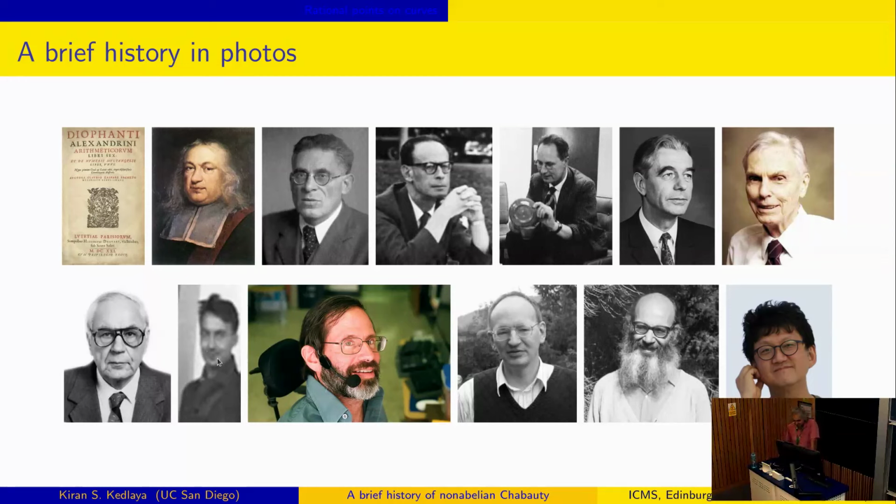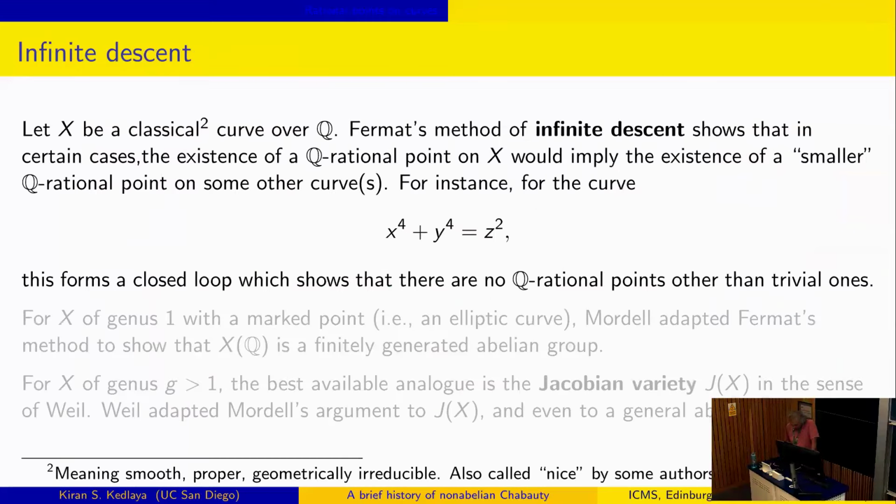This is a group picture of a Bourbaki seminar. Some of you have met Robert Coleman. This is a picture later in life when he was in the wheelchair. Okay, probably many people recognize Faltings. This one I find fun because I had trouble recognizing this person, but it is Grothendieck. Yeah, less facial hair would have been obvious. And so yes, this is sort of a kind of summary in photos of what's about to happen. Let's make that happen.